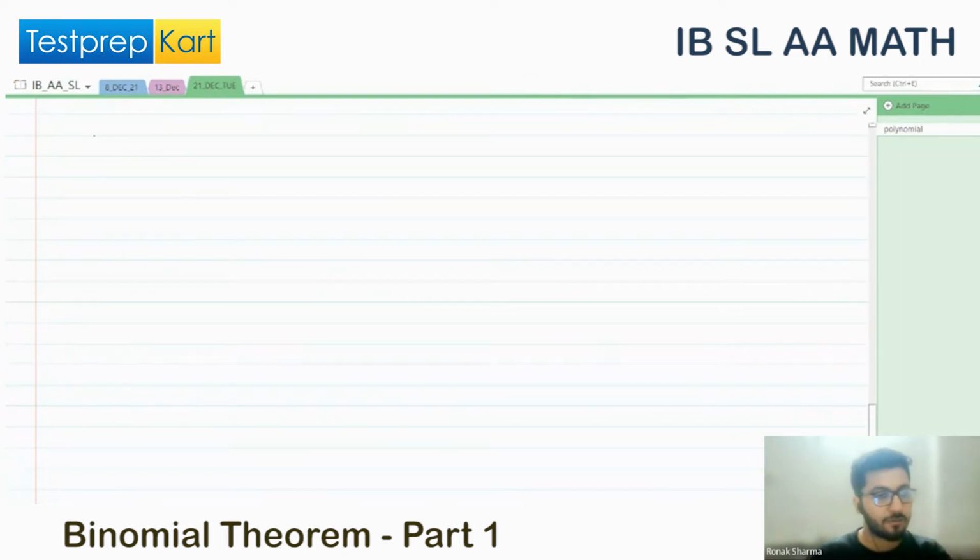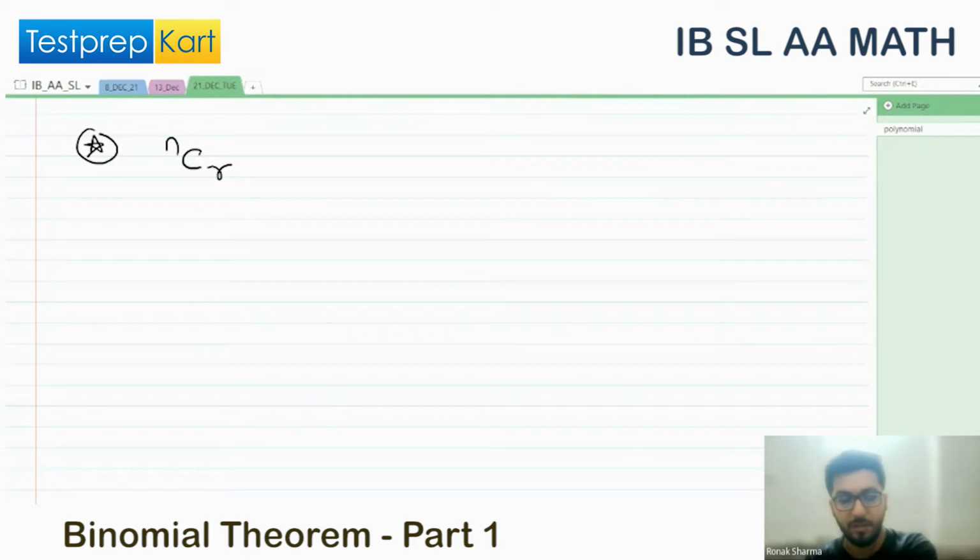Now let us come to the next part, that is the nCr formula. nCr is simply a representation, a notation for a particular thing. So n, capital C is in the subscript of small n, and then r is in the subscript, and we read it as nCr. So what is the value of nCr?